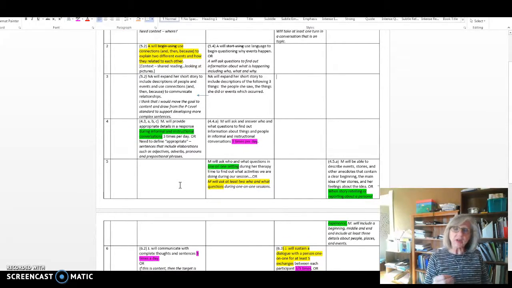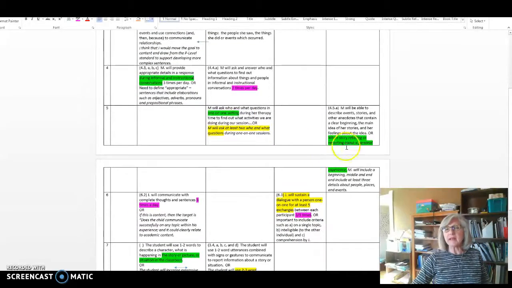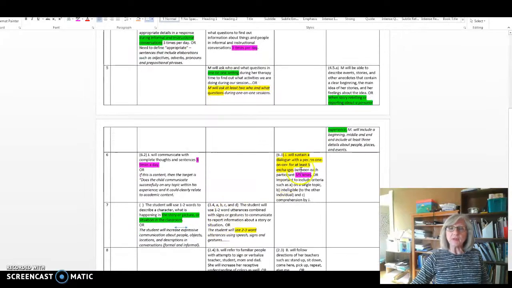It can be general, so during informal and instructional conversations works, in one-on-one setting works. You can refer to the content when storytelling or retelling. You can talk about informal and formal conversations, but it's important to set the context.